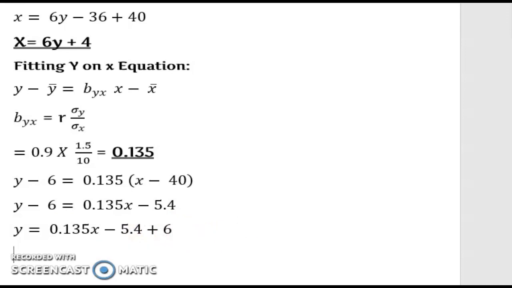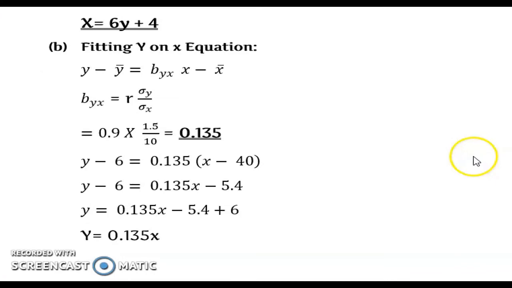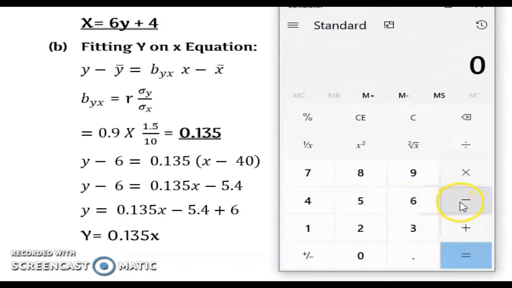So y is equal to 0.135x. Next, minus 5.4 plus 6. Okay, we'll use our calculator.